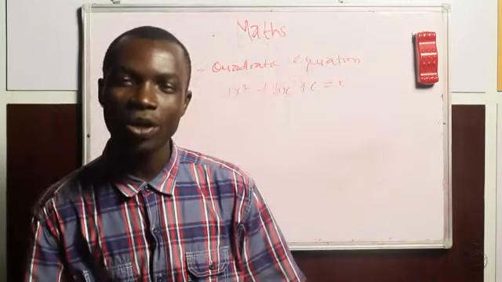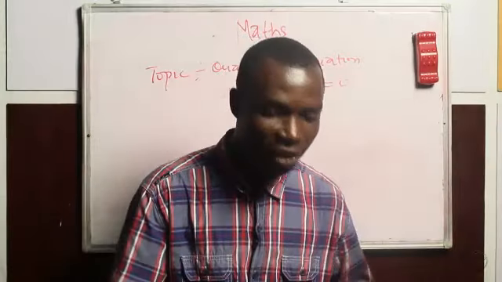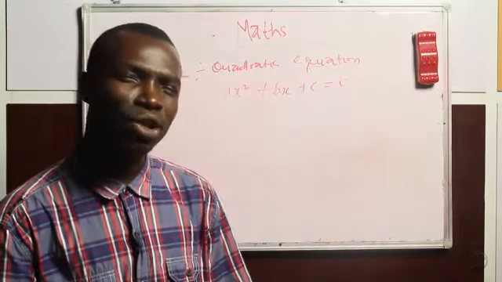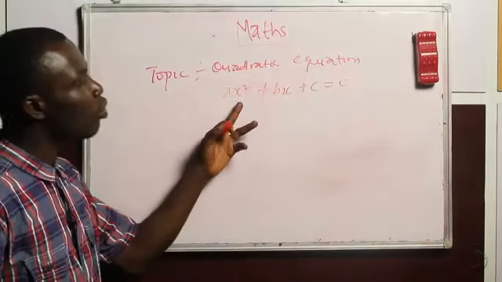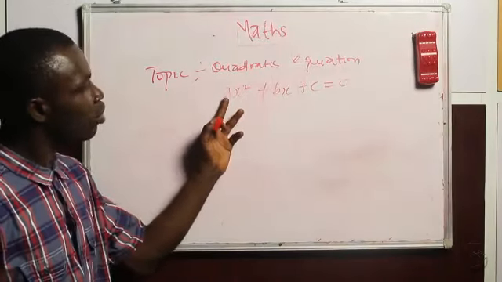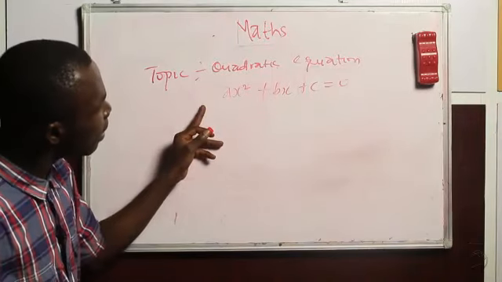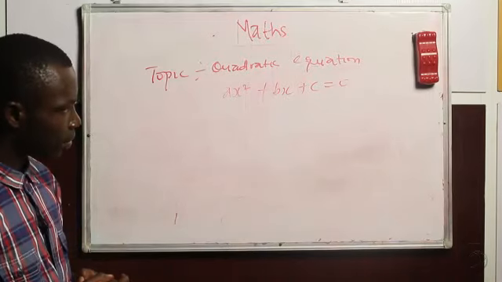This second method is very easy for us to use and solve few questions ahead concerning quadratic equations. And this method is called completing the square method. The equation on the board, ax squared plus bx plus c equal to 0, is an expression that shows a quadratic equation.